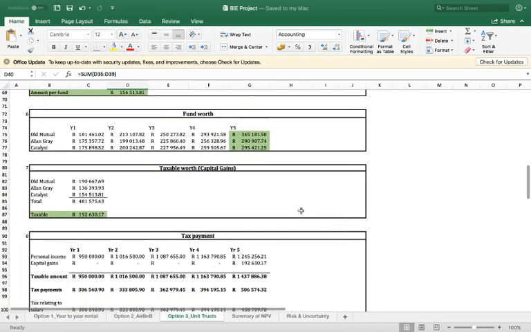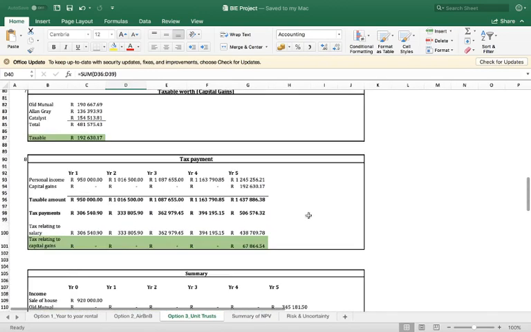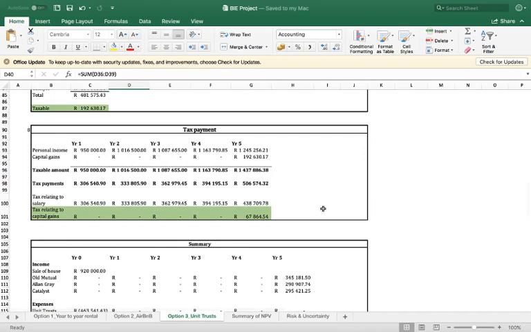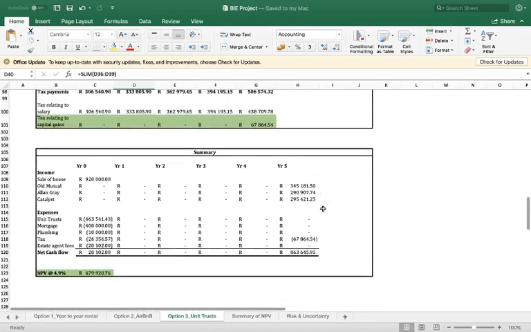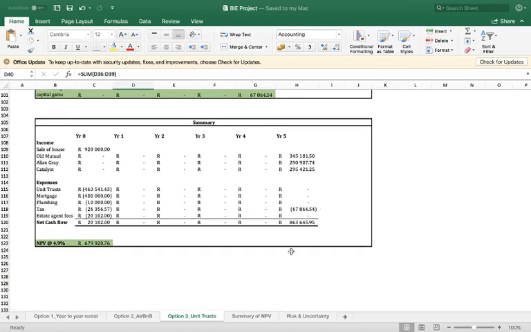The taxable worth at the end of the 5-year period is found to be around 192,000 Rand. The tax payment required after cashing in your shares is around 67,000 Rand. To summarize this whole scenario, the net present value is calculated to be around 680,000 Rand.